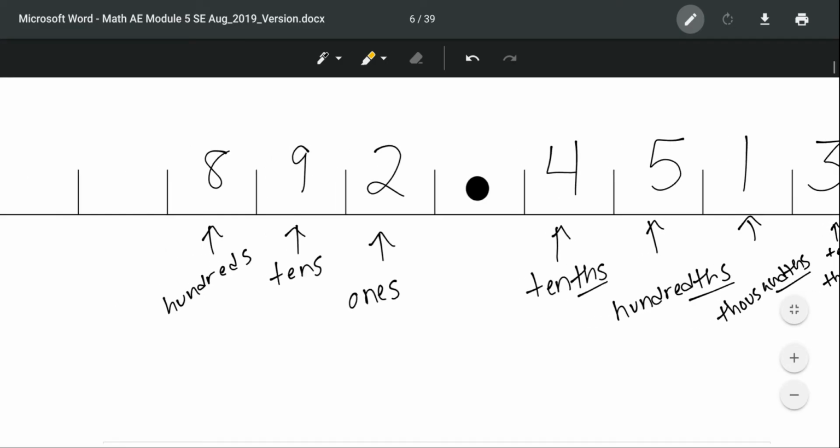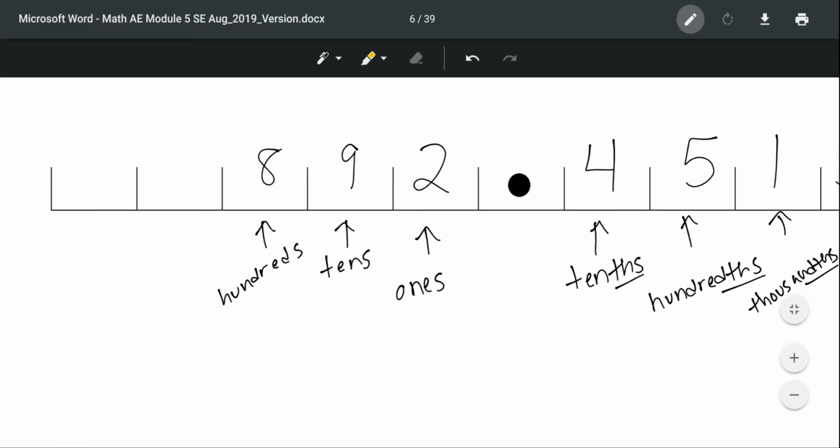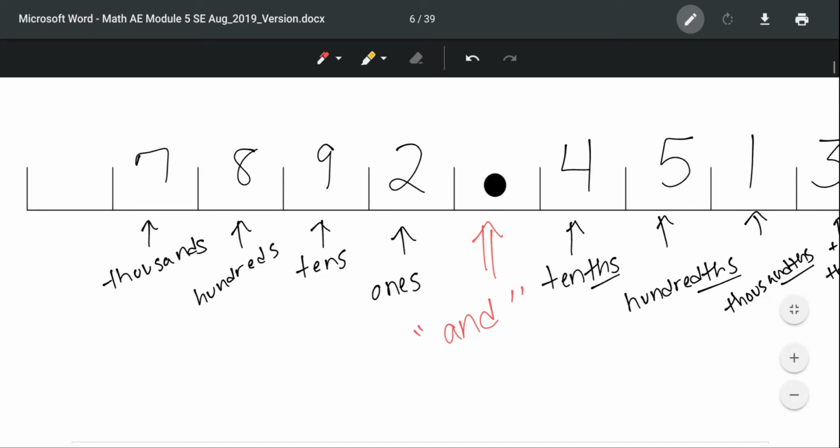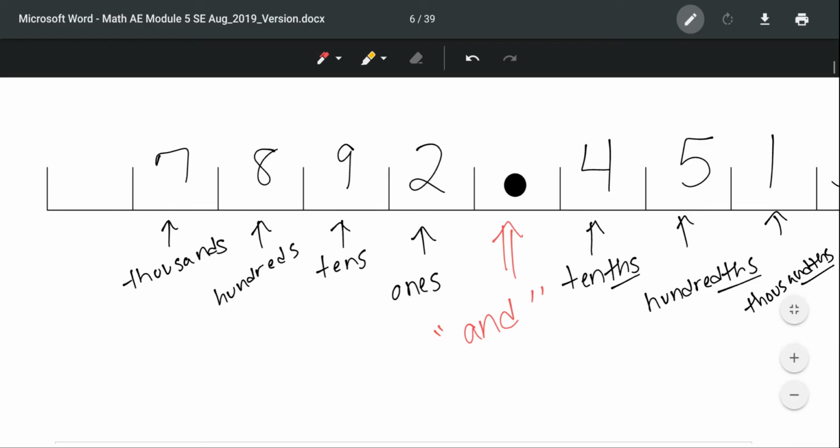Then I could add to the left and be in the thousands place. So 7 would be in the thousands. So I would say 7,892 and, so the decimal point, when you read the decimal point, you read it as and. 4,513 10,000ths.